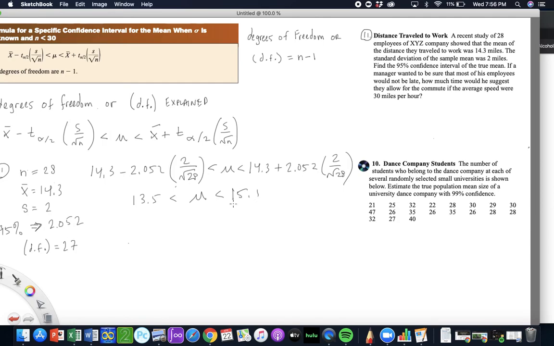So I would say that 15 would be pretty good. That would cover most of your population, so 15 miles. To drive 15 miles would take 30 minutes. So based upon the sample information I have, I would say allow everybody about 30 minutes to get to work. That should cover pretty much the whole population with 95% confidence.